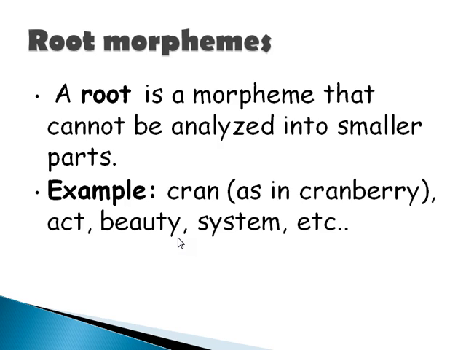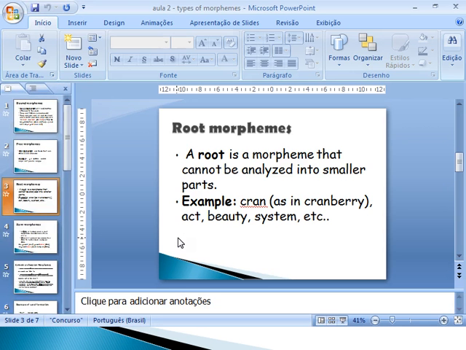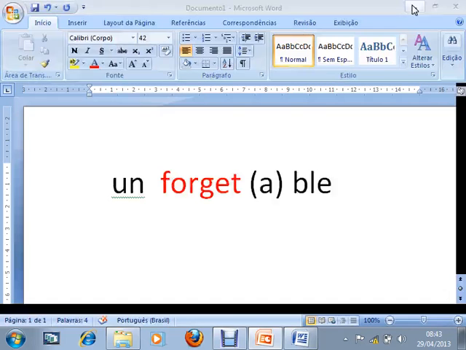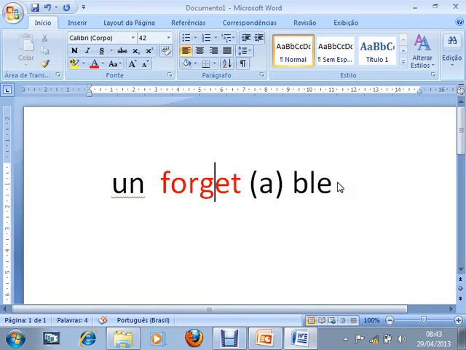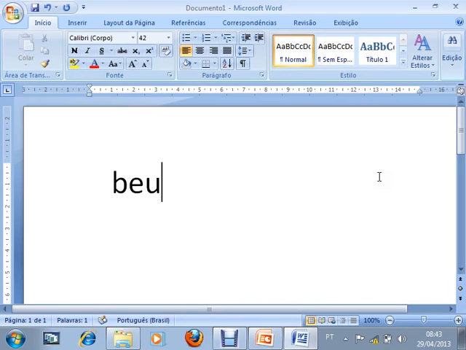Well, if I drop the Y, let's go to the word processor. Beauty. If I drop this Y, now I put the full. Full is a suffix, meaning having some quality.